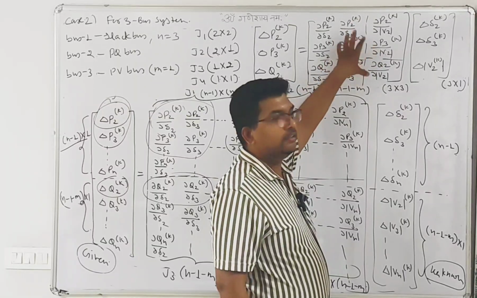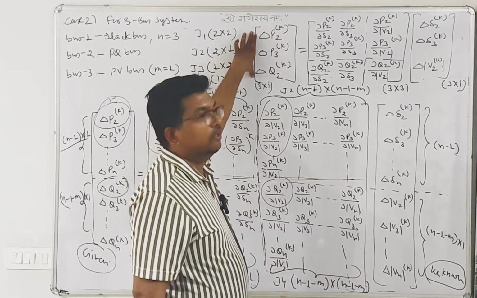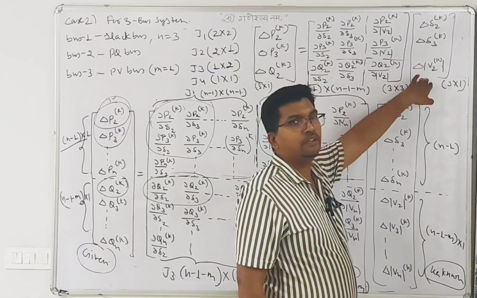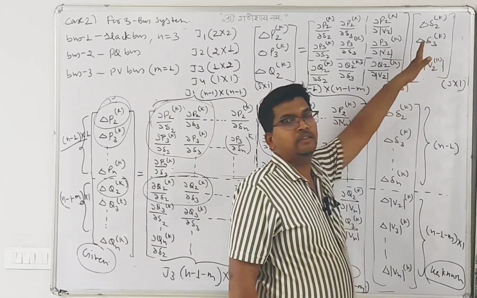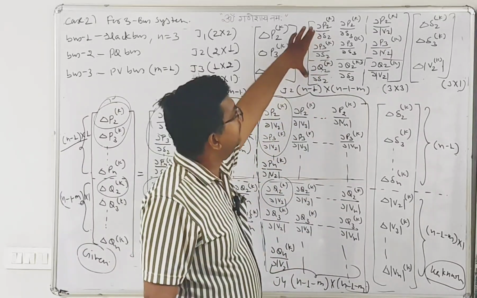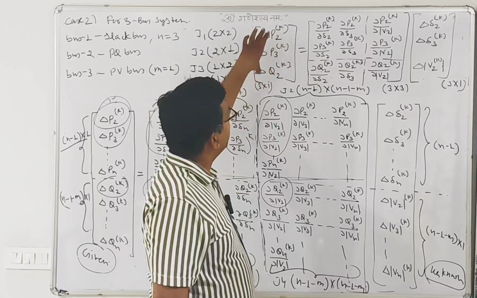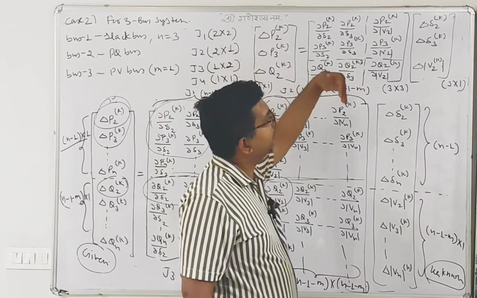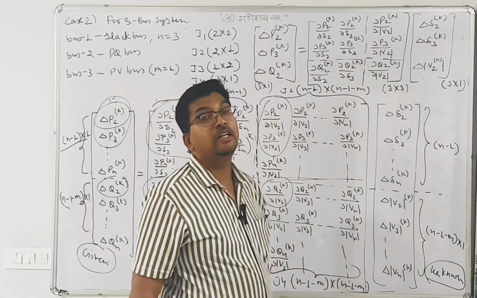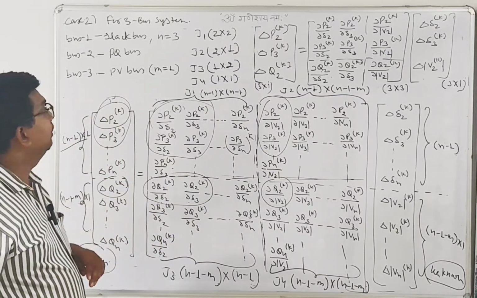We know this change value, then in the first iteration we will find out the unknown quantities. Then again in the second iteration we will determine these 9 derivatives, and again determine this change. Then we will find out the second iteration unknown quantities. This is the way of solving the Newton-Raphson problem.